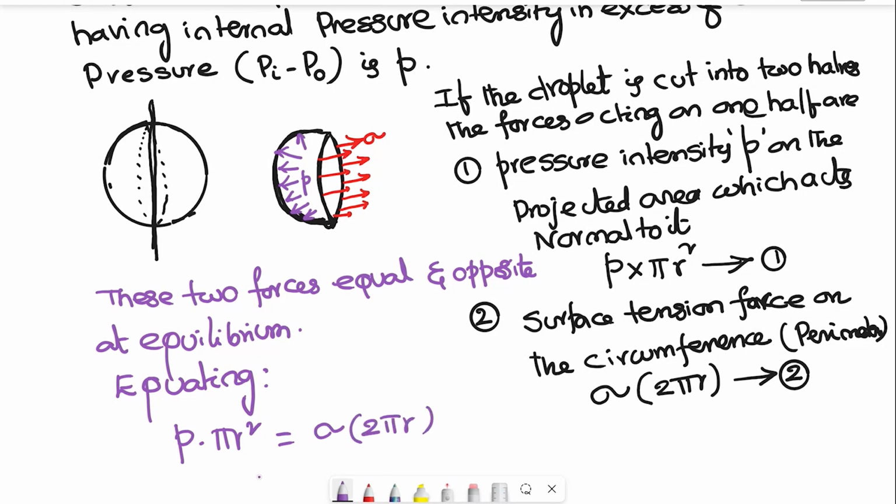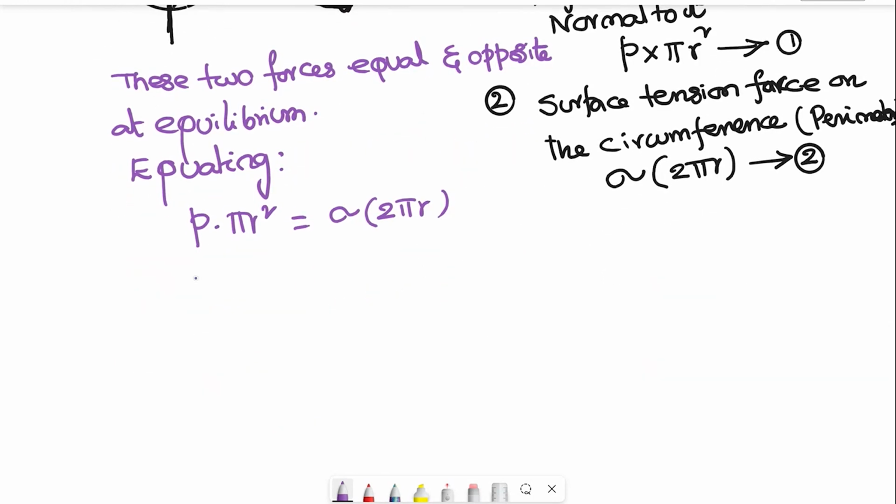So P is equal to sigma 2 pi r by pi r square. Pi will cancel, then r will cancel. It is 2 sigma by r.